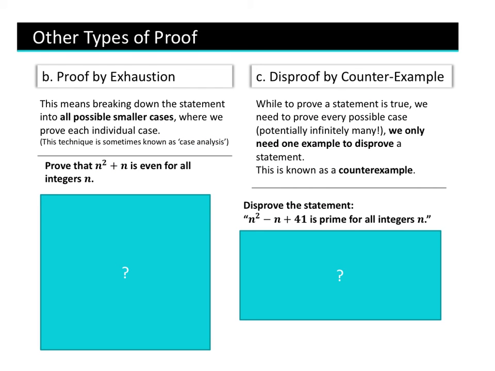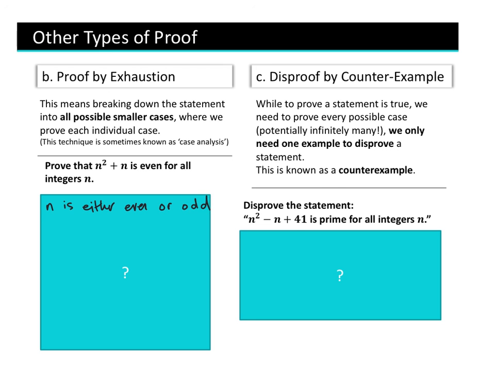So, other types of proof. We know we have proof by exhaustion, and we have proof by counterexample. So, prove that n squared plus n is even for all integers n. Now this one we're proving everything. So we know that n is either even or odd.